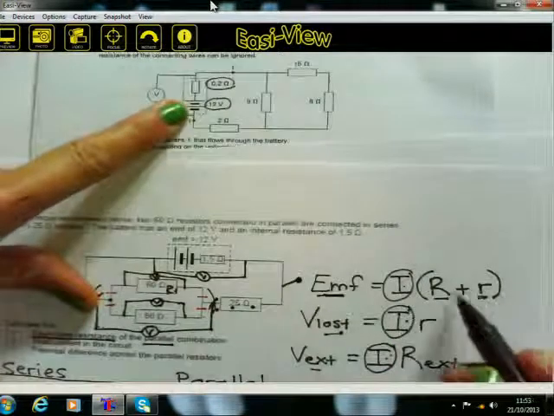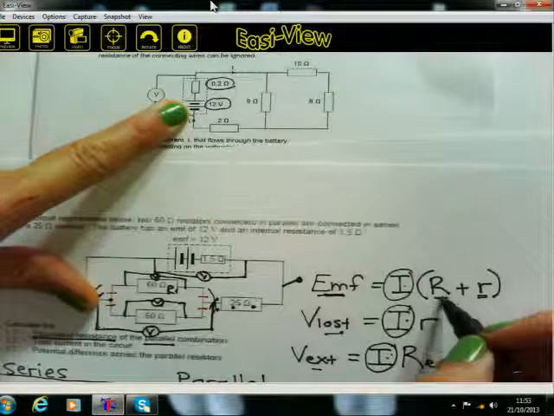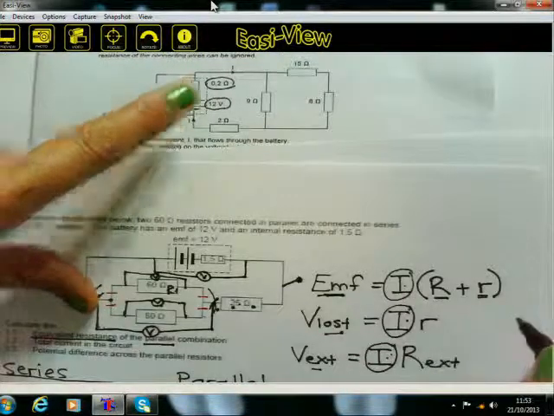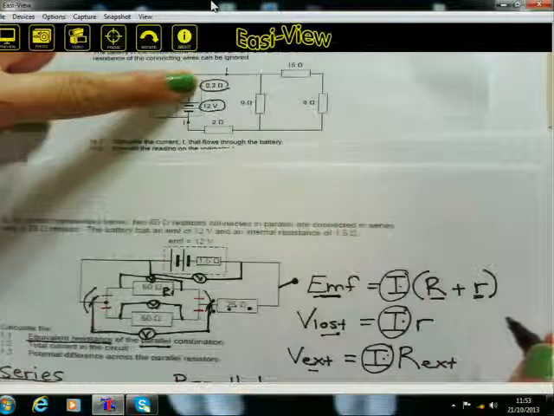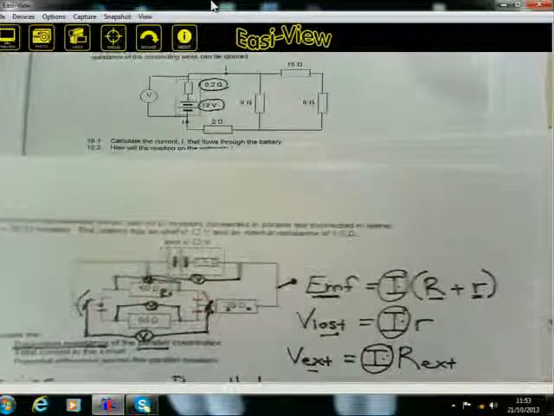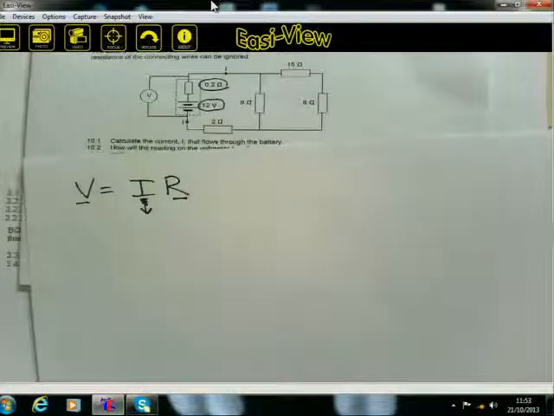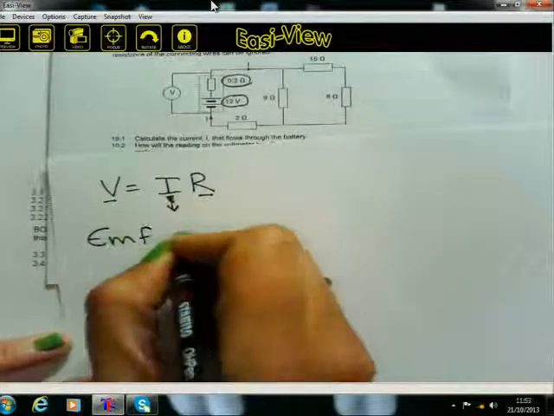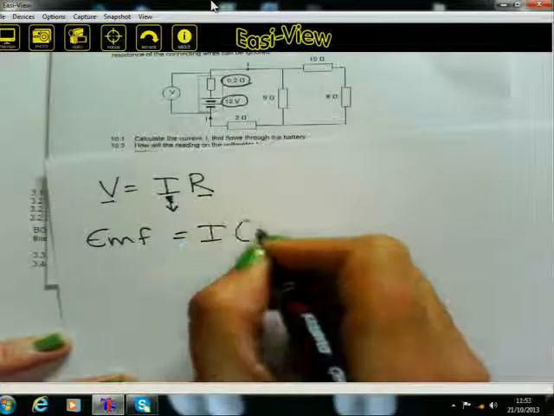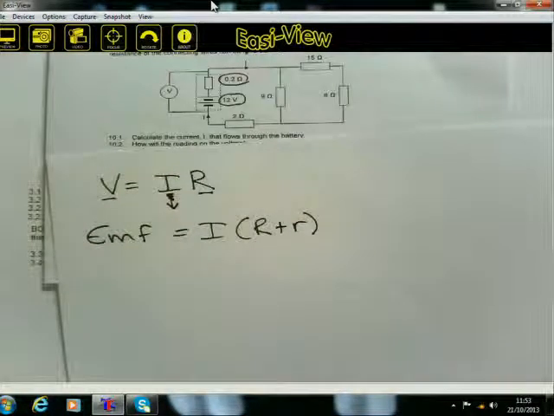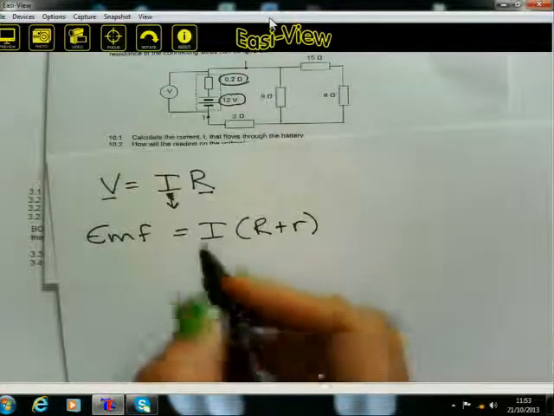So because these 2 resistors have the same value, they are going to split the voltmeter reading in 2. 3.2 volts go to this one, and 3.2 volts go to this one. So to get the V over the 8 ohm resistor, we're going to say 6.4 divided by 2, and that gives 3.2 volts.